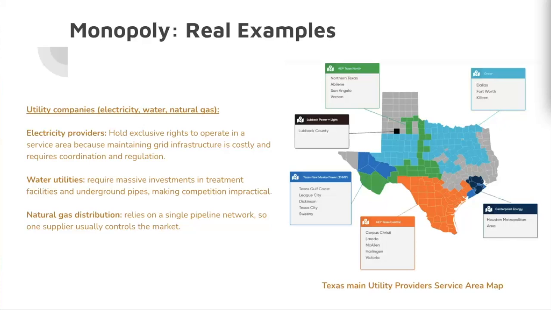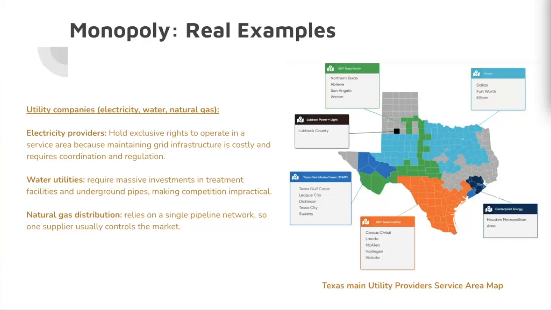Similarly, water utilities require enormous investment in treatment facilities and underground pipe networks that can last decades. Once the infrastructure is in place, competition becomes impractical. Natural gas distribution follows the same pattern.